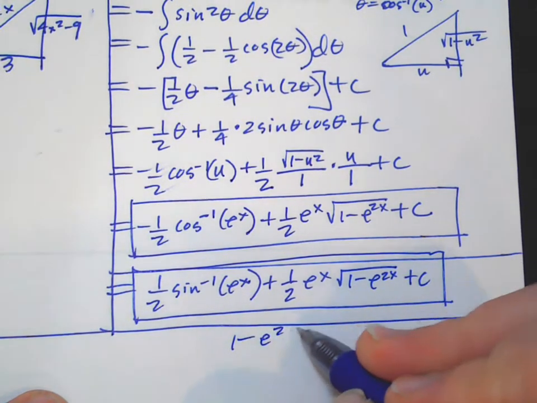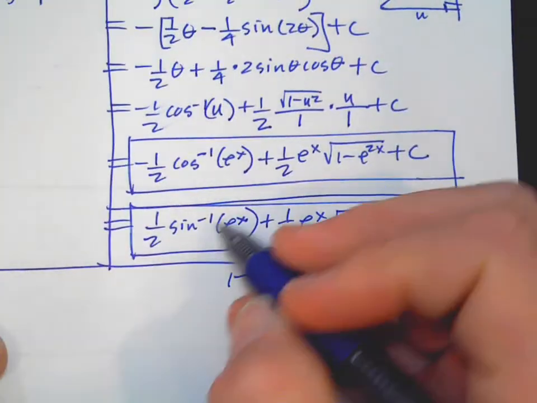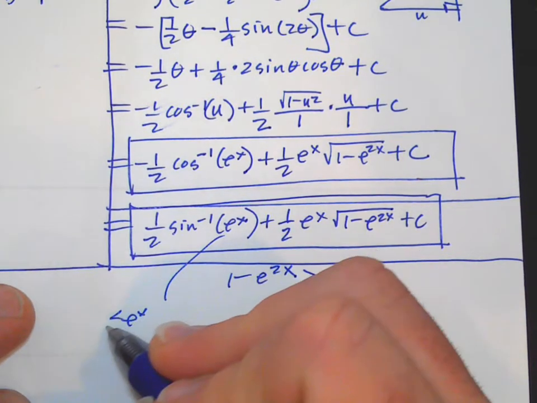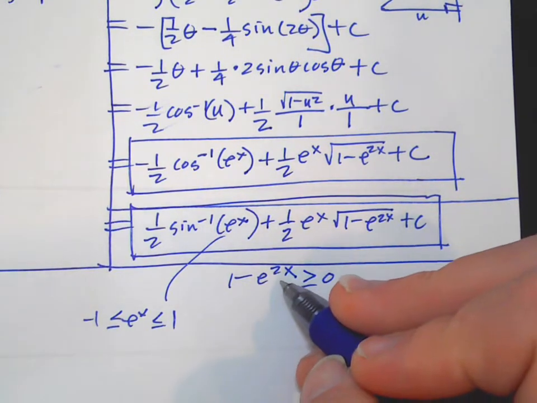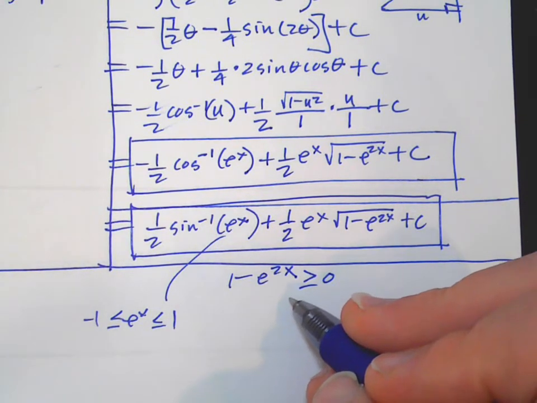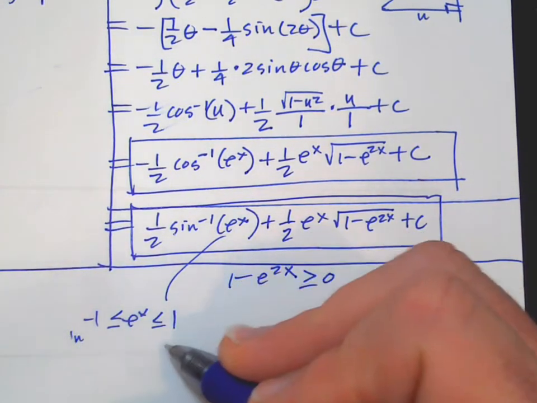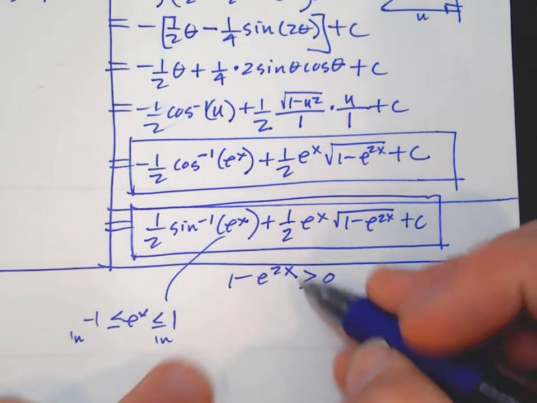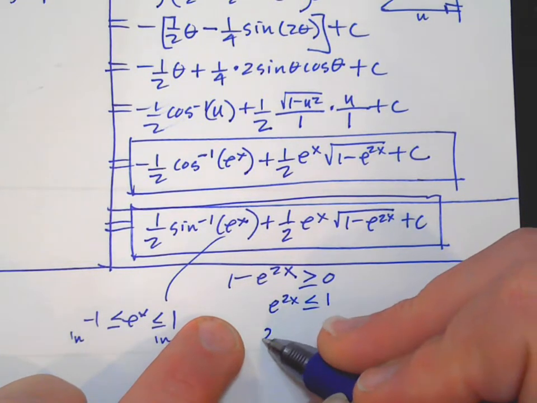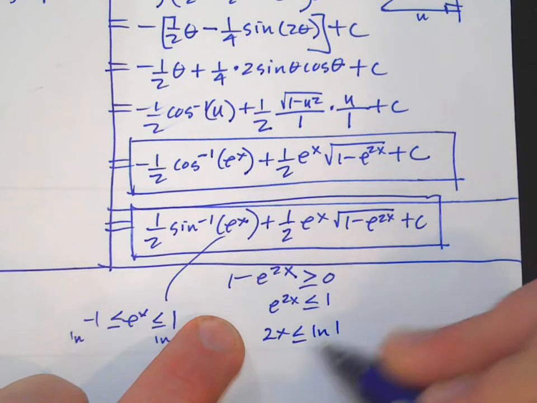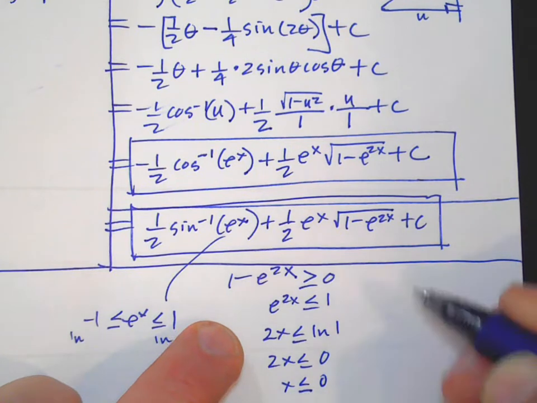Domain-wise, I was talking about that earlier. This has to be greater than or equal to 0. And here also, e to the x has to be between -1 and +1. Otherwise, you can't take inverse sine of that. So if we take natural log on both sides, e to the 2x is less than or equal to 1, so we get x is less than or equal to 0.